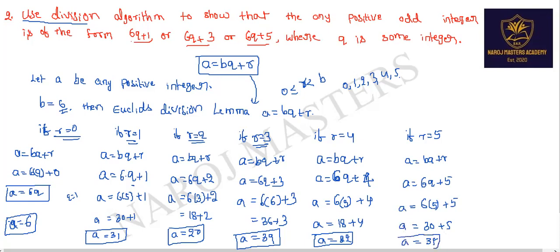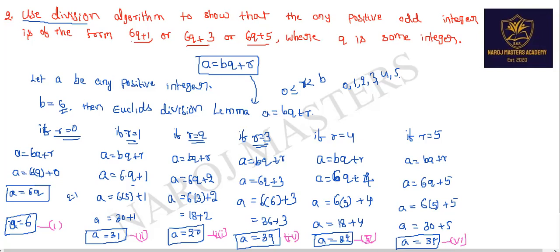So from this, if you observe, let me take these values: equation 1, equation 2, equation 3, equation 4, equation 5, equation 6.